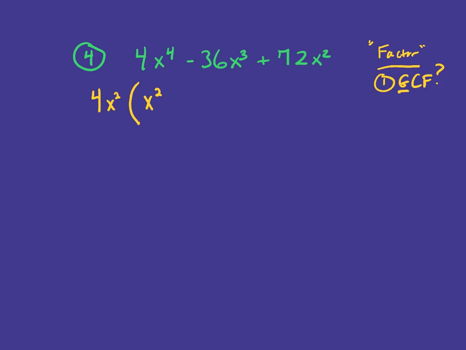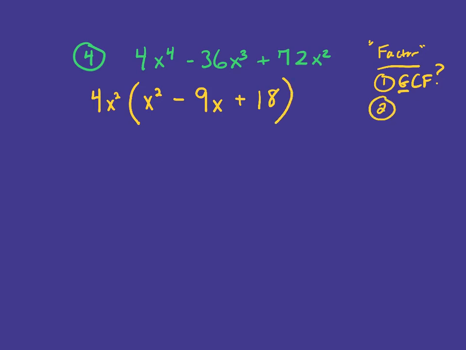Negative 36 divided by 4 is negative 9. And we took out 2 x's, so it leaves just 1. And then also 72 divided by 4 gives you 18. And we took out 2 of the x's, so no x's left on that one.